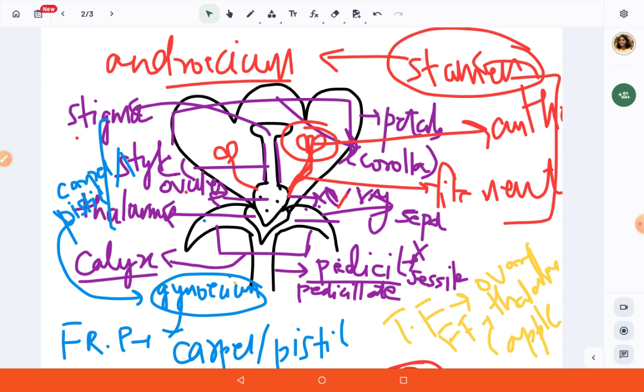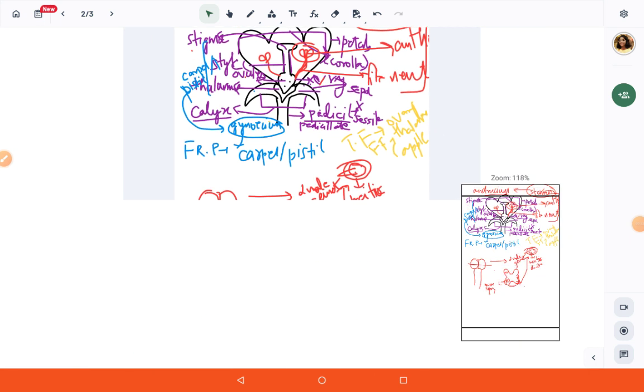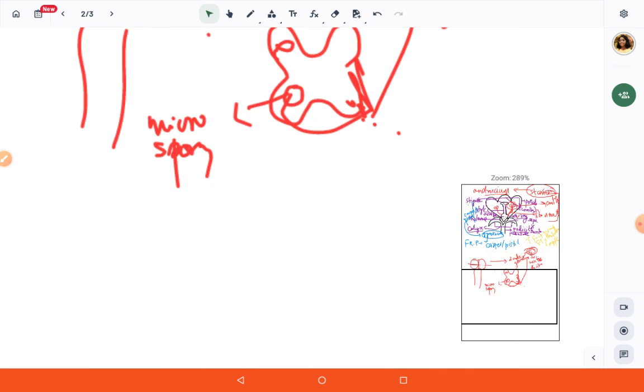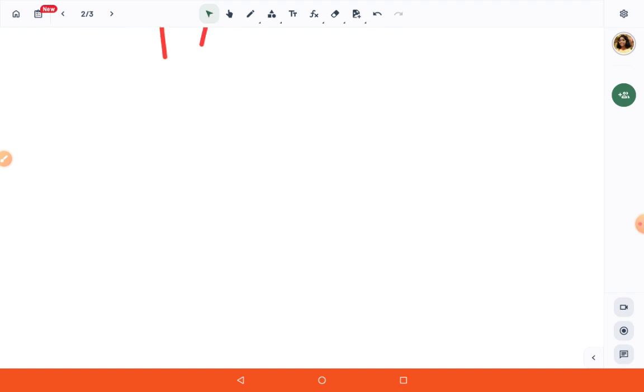Now we will come to how pollination takes place, right? Alright. So I'll just move the board a bit. To understand how pollination takes place, let us understand in depth the female reproductive system.